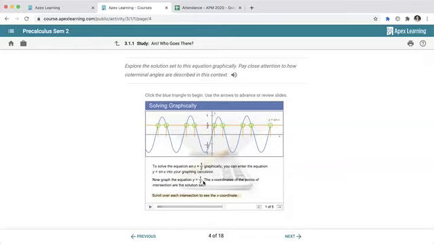Above trace it says CALC in blue, so you can hit second trace to get the calculate menu. It gives you options for calculating values, zeros, min, max, intersect, and dy over dx. You can literally hit calculate and find the intersection points graphically.